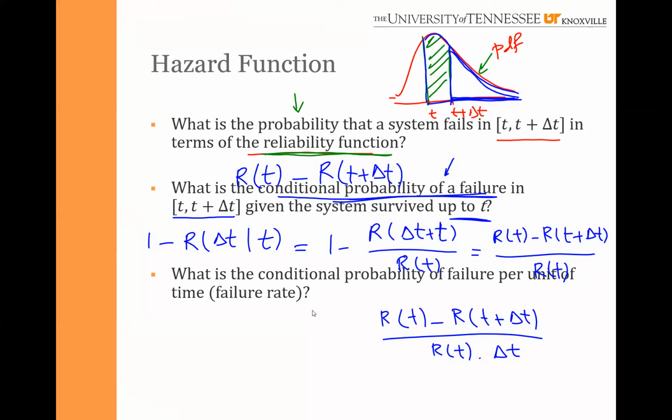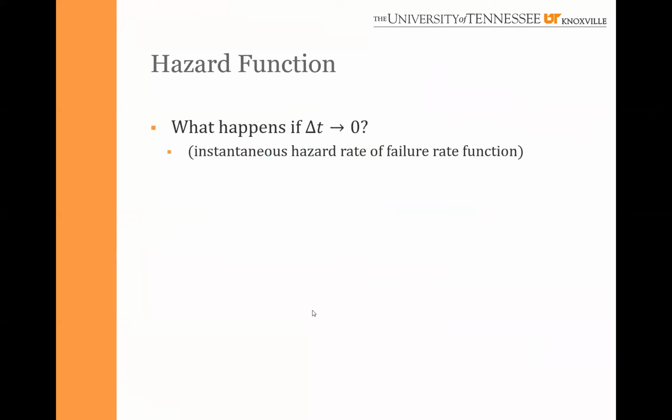I want the rate when delta t goes to 0. So I'm going to take the limit of this function where I send delta t to 0, and that will be my hazard. It will be the rate of failure within the minuscule amount of time, given that it has survived up to this point, starting from this point.